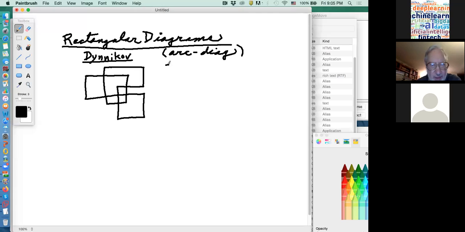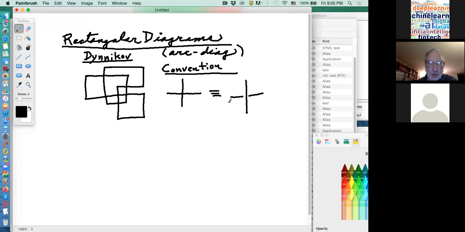And the convention is that whenever you see this, it means this, that the vertical line goes over the horizontal line. So that means that a flat diagram represents a classical knot. It represents a unique classical knot. In this case, we can see what classical knot this represents by putting in the crossings.